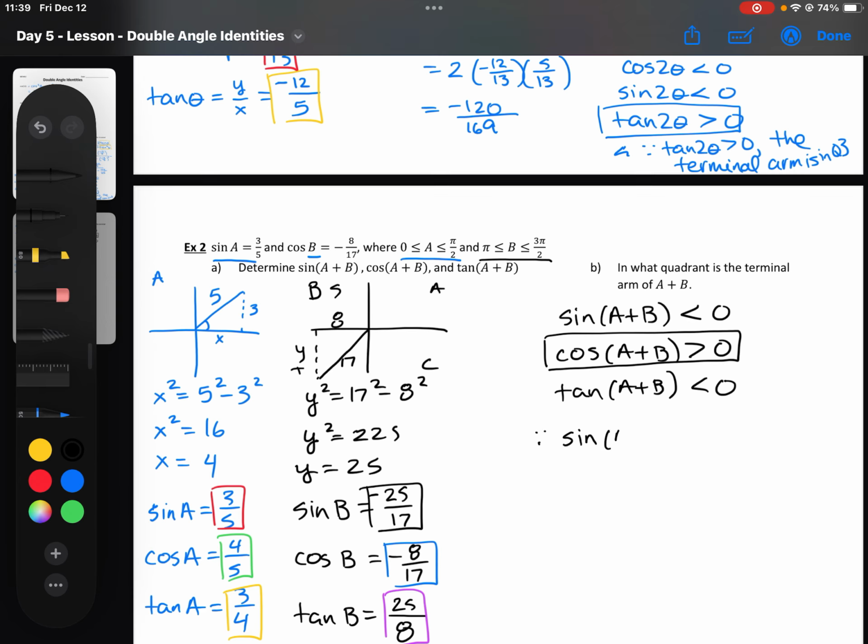So I would say since sine of A plus B and tan of that same angle are less than 0, and cosine of A plus B is greater than 0, the terminal arm of A plus B is in the cos quadrant, which is the fourth quadrant.